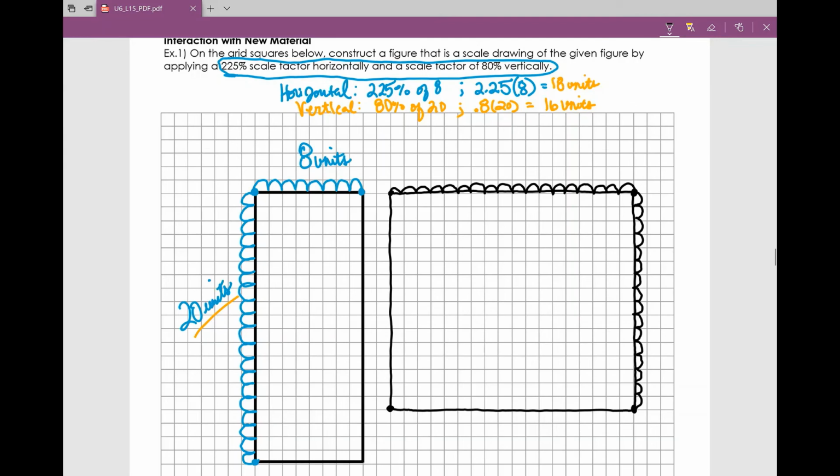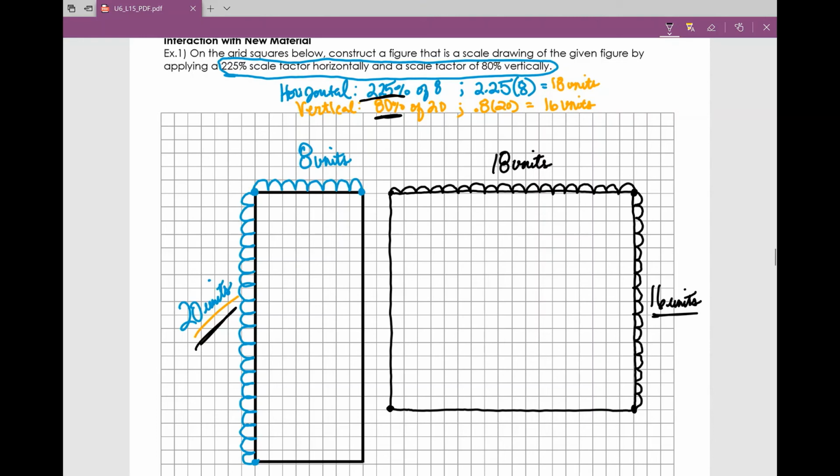It made it horizontally larger. We have 18 units up here, and we have 16 units down here. Does it make sense? I think so. It's shorter, right? Because our scale factor here is only 80% for vertical. And then it's longer because here we have a scale factor of 225%.